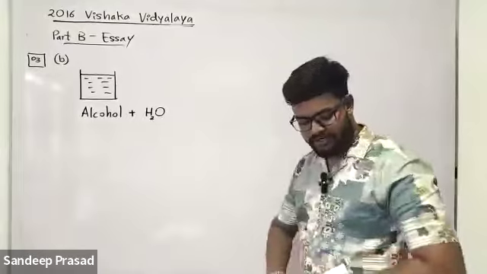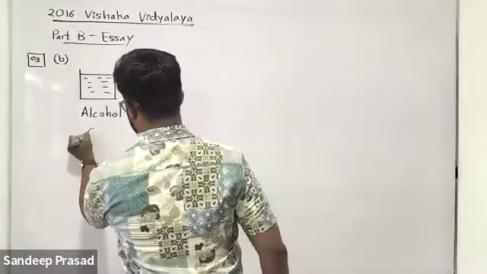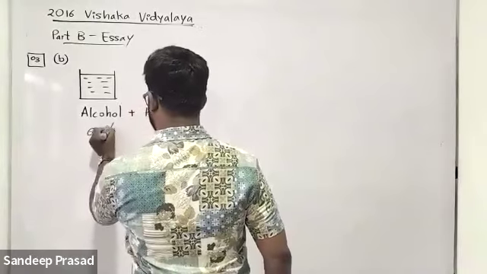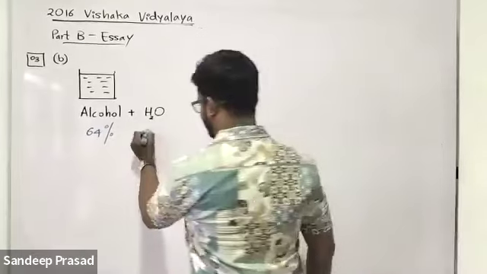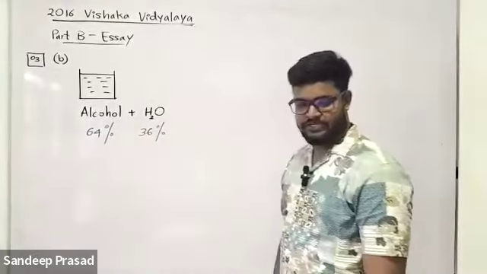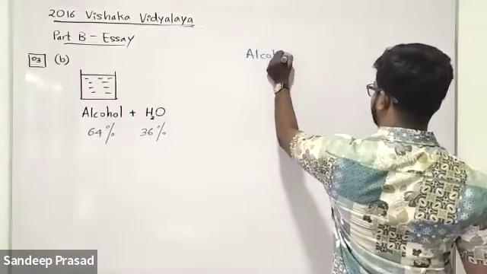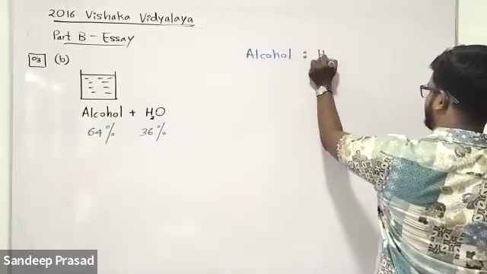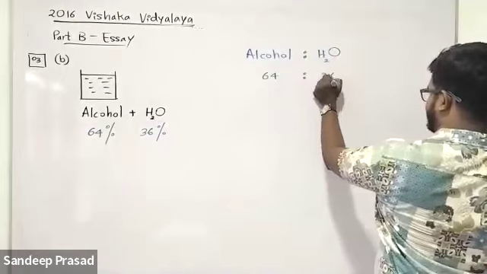Students, try to understand. In this solution, 64% of alcohol is there by mass, and the remaining 36% is water. So when you consider the alcohol and water mass ratio, this is 64 and 36.